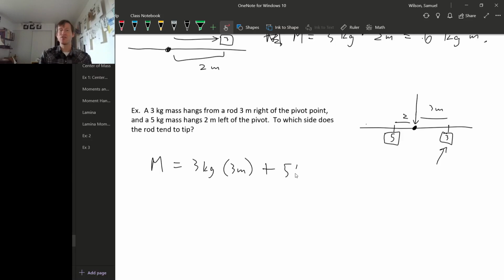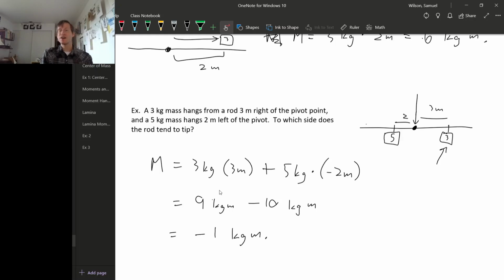The second mass is 5 kilograms times, and now we need the displacement from the pivot, which is 2 meters. But remember, it's to the left, and that counts as a negative displacement. So now we can do this arithmetic. We get 9 kilogram meters minus 10 kilogram meters. So we get minus 1 kilogram meter.